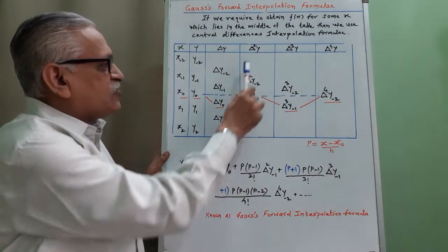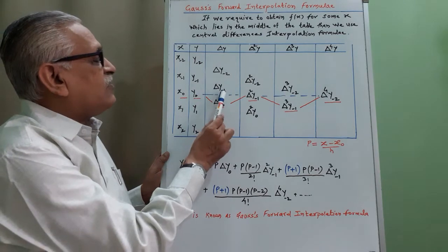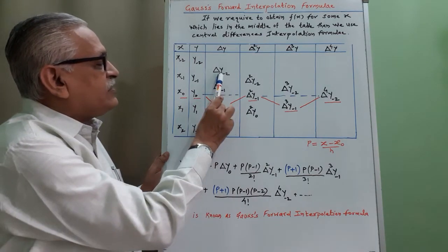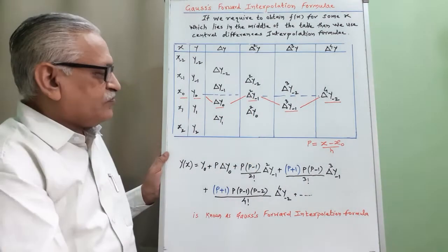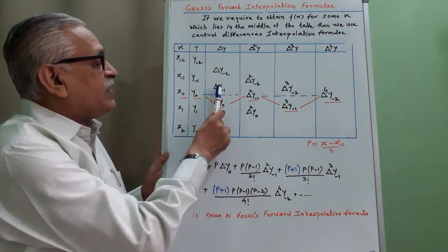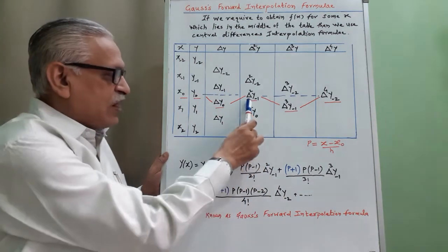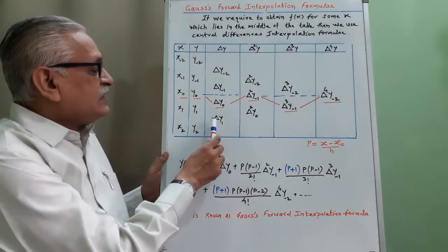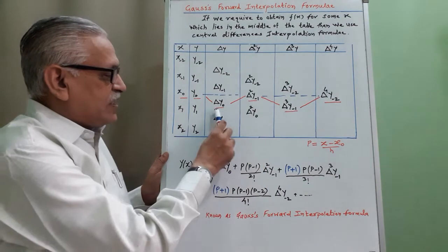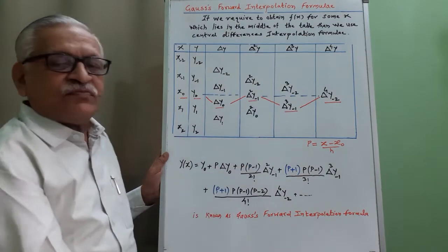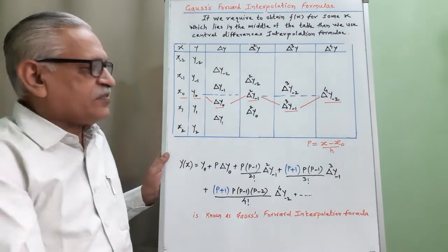If we take the differences of these differences, we get second order differences as del y minus 1 minus del y minus 2 as del square y minus 2. This del y0 minus del y minus 1 as del square y minus 1. Then del y1 minus del y0 as del square y0. This is the second order forward differences.